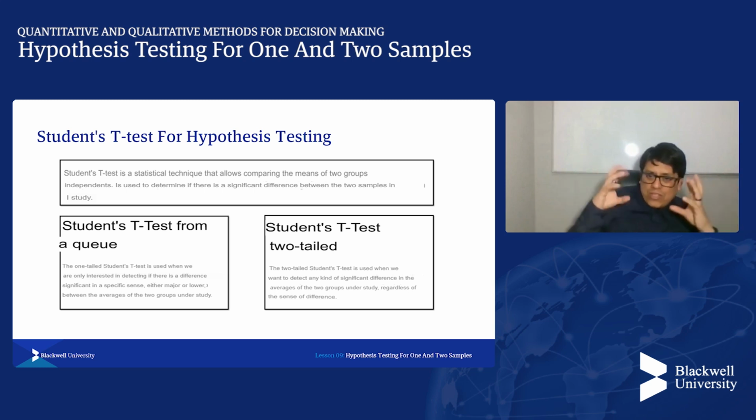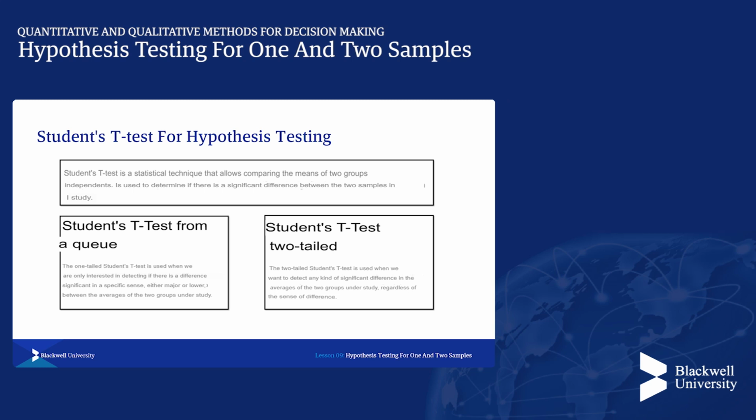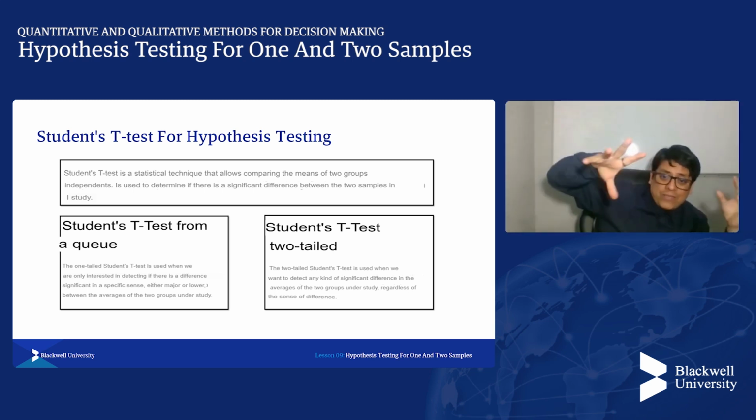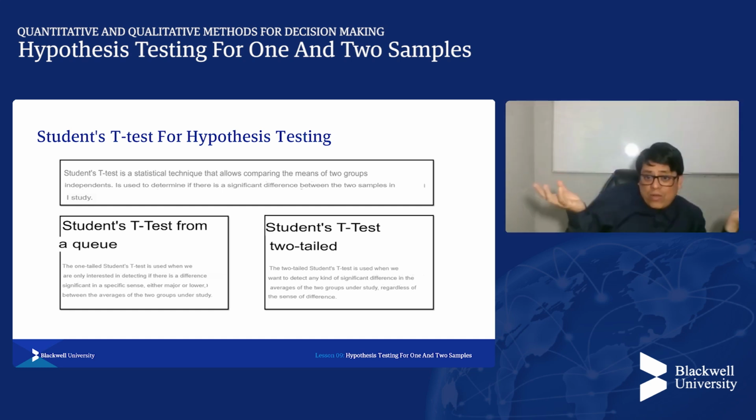So I am going to compare two samples, sample 1 that studies in one way and sample 2 that studies in another way. In this case, I am not interested in knowing if one is better than the other. What I would like to know is if there are differences, whether one is better than the other, but either one. In this case, we would be talking about a two-tailed students t-test. That's right. Very good.